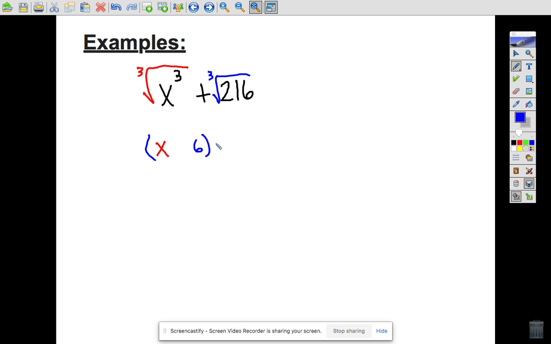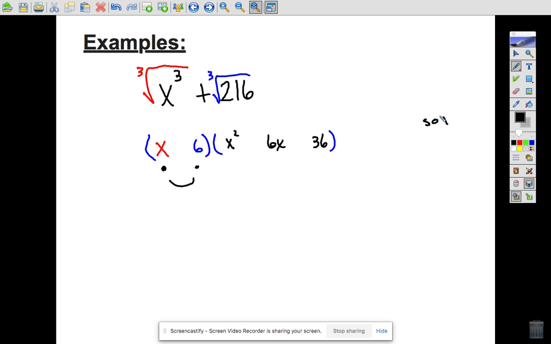I'm not going to even put the signs in until the very end. Now here comes a smiley face. It's always nice to have a smiley face on your paper too. So I'm going to square this, x squared, multiply them together, 6x, square it, 36.